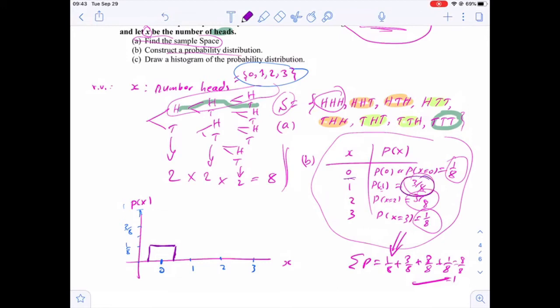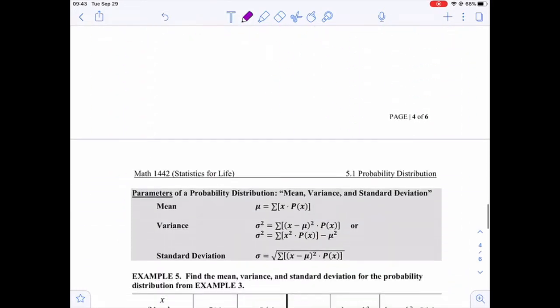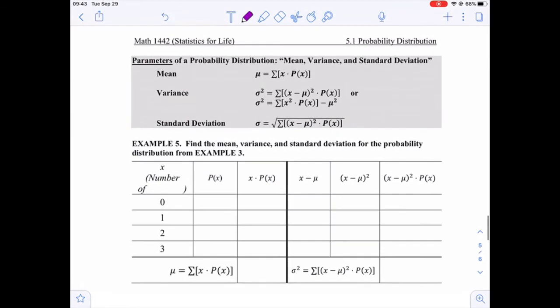And probability of 1 is 3/8. Probability of 2 is 3/8 as well. Probability of 3, x equals 3, is 1/8. So this is the histogram. This is part C.